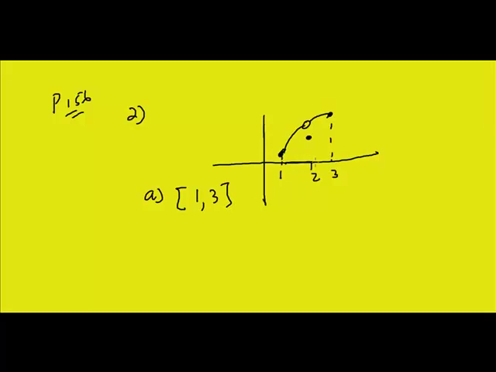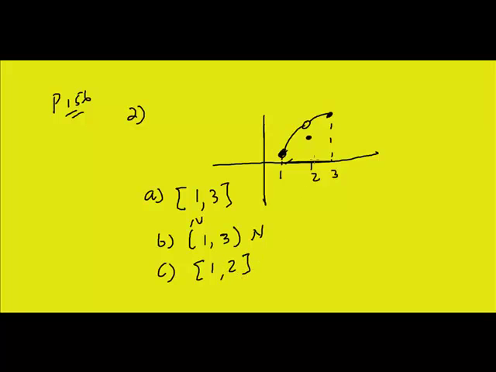Well, between 1 and 3, no, it's not. There's a break here. So the answer is no. B. How about open interval 1 to 3? That open interval 1 to 3 means we're excluding the endpoints. That means it has to have no breaks in the middle, and this is also no. C. How about closed interval 1 to 2?